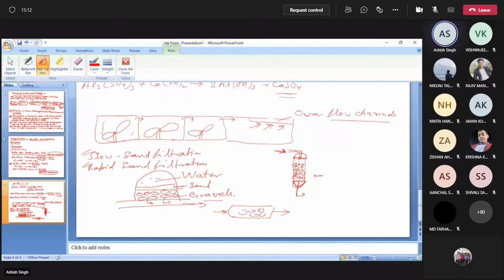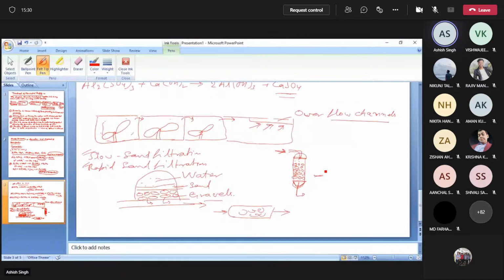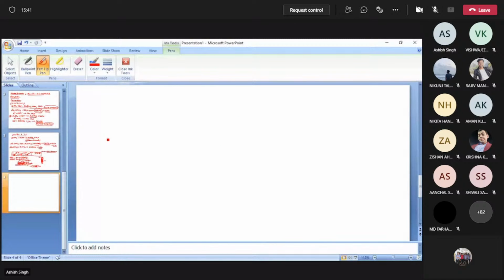Another is the sterilization system, that is disinfection. Suppose you are seeing here filtration and then after that disinfection. For disinfection there are different processes. These processes basically include precipitation methods.